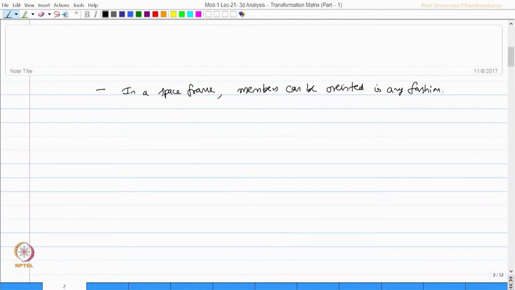To be very specific, the local axis of the member may not coincide with the reference axis system.